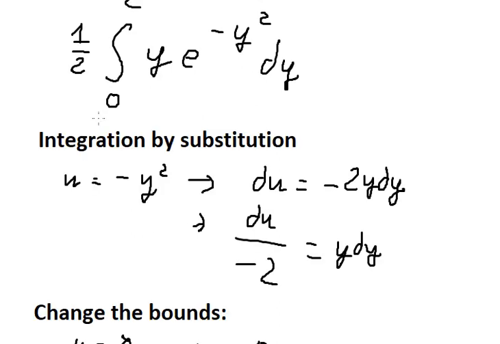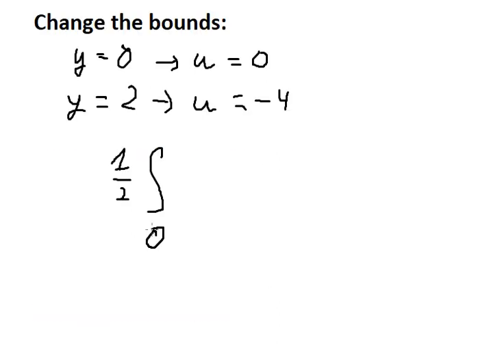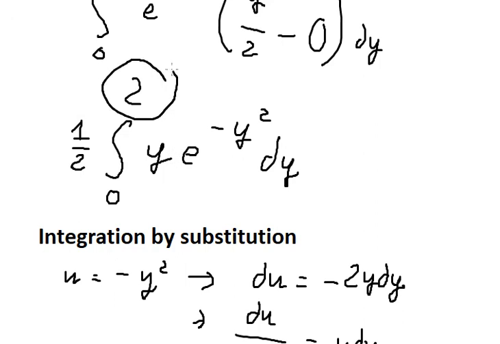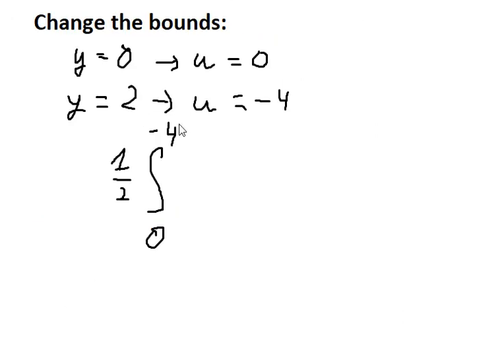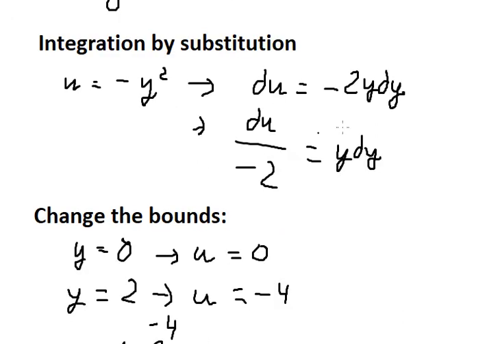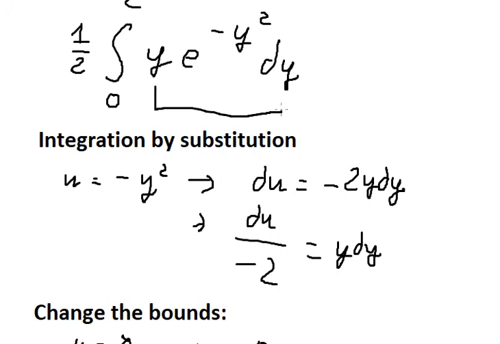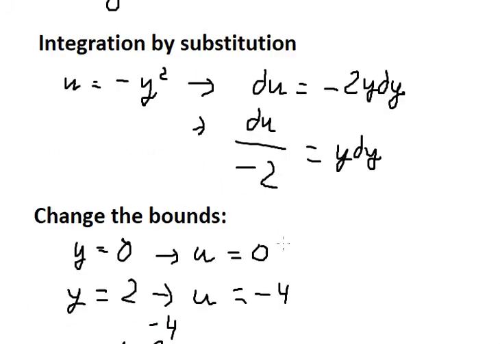So about 0, we keep 0. This one you get negative 4 because we change 2 into negative 4. About y dy in here, we change it by du over negative 2.